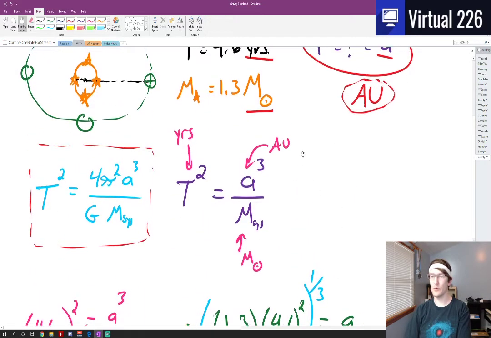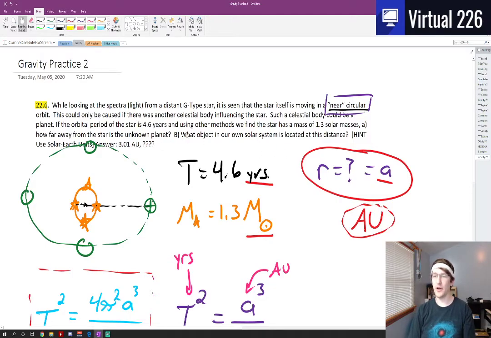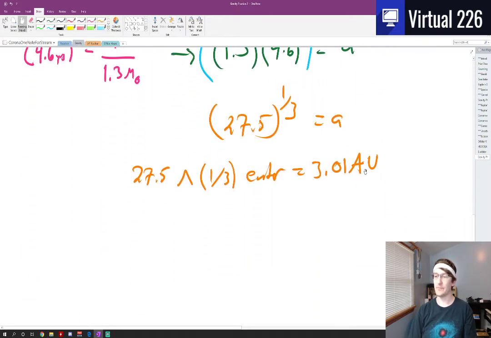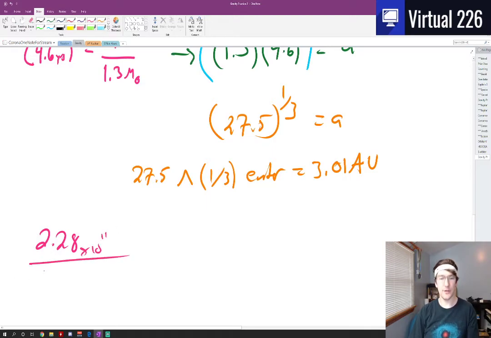Now, if we look at part B of this question, what object in our own solar system, so back here, is located at a distance of about 3.01 AUs? Well, the Earth is at 1, so it can't be Earth. If we actually take a look at some of Mars's data, Mars is 2.28 times 10 to the 11th meters away, and the Earth distance is 1.5 times 10 to the 11th.